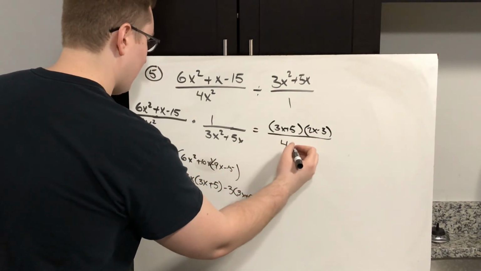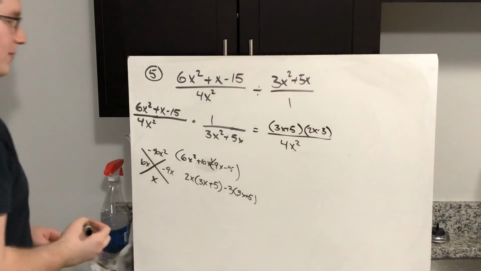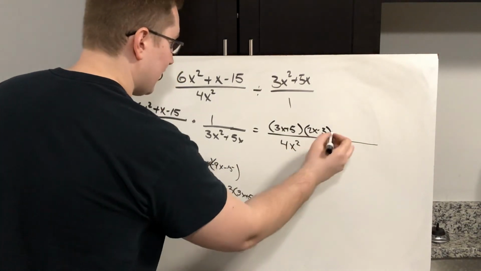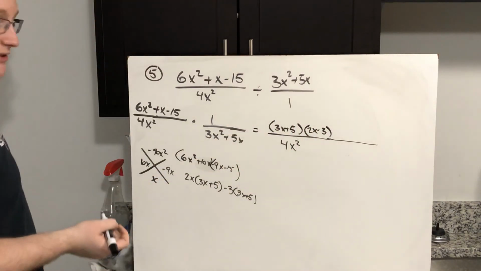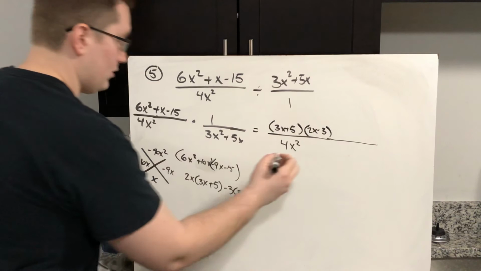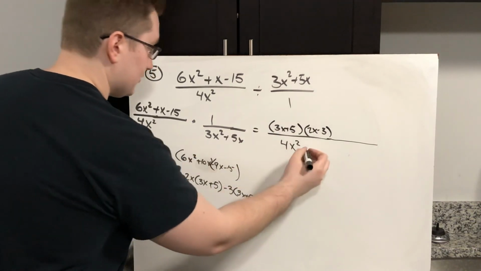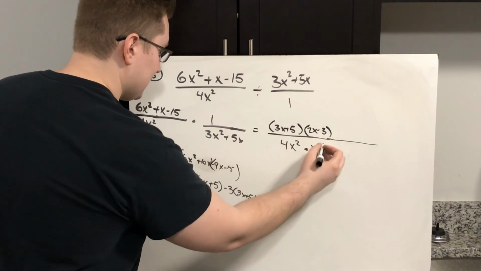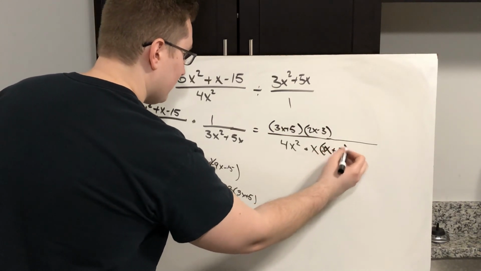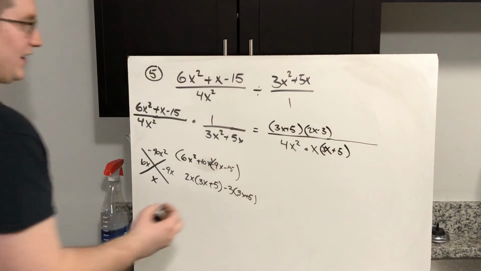I have a 4x squared on the bottom still. And on the top, I still have 1, anything times 1 is itself. And on the bottom, I can take out an x. So times x, 3x plus 5, and I can see what things cancel.